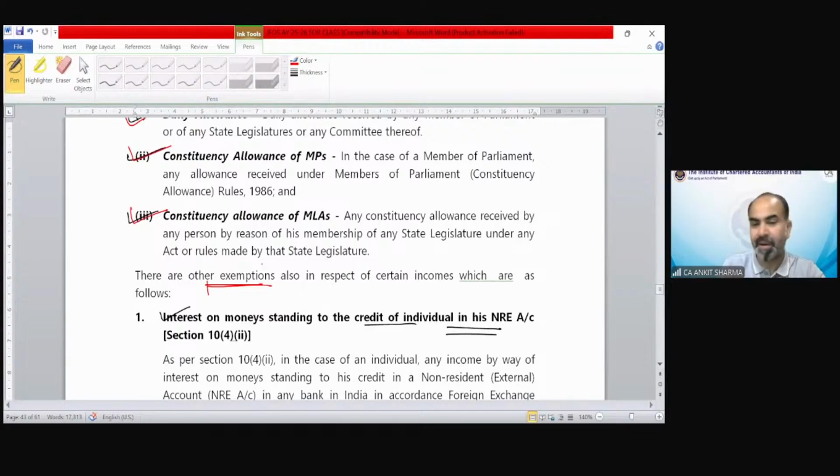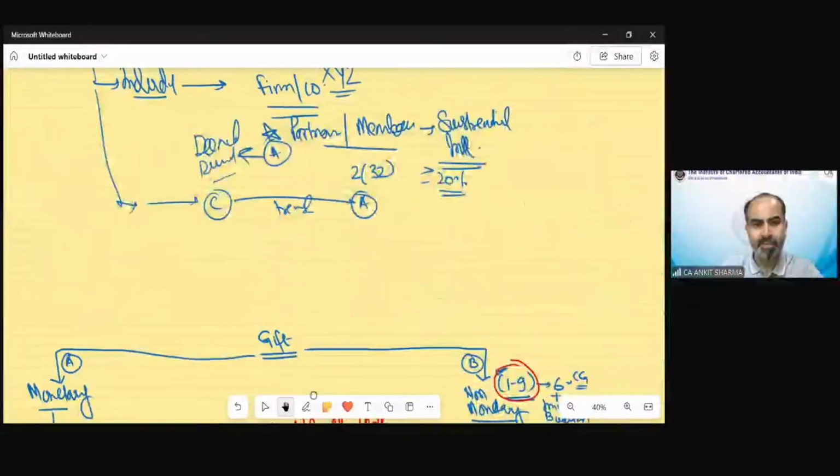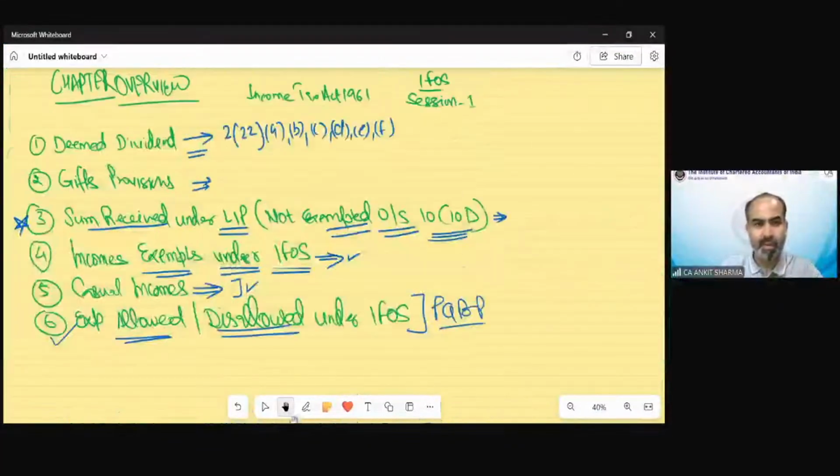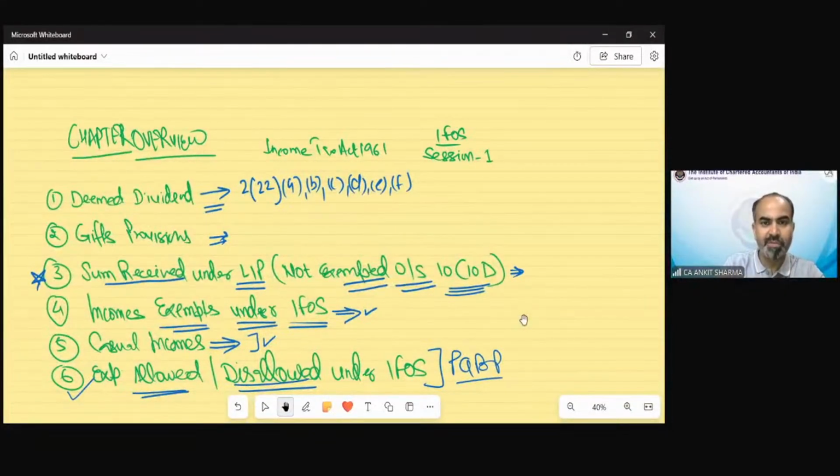You might remember that at the start of today's class, I said I am going to give you the overview of this chapter. We have completed the deemed dividend provision, and the gift provision. This we have left, sums received under LIP.